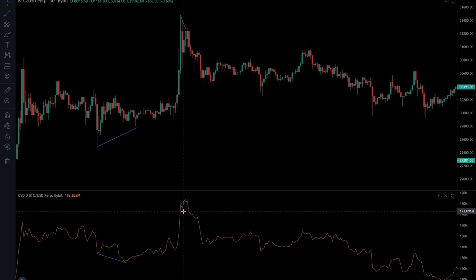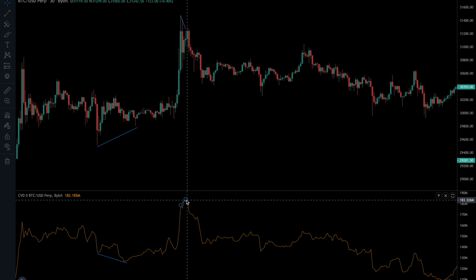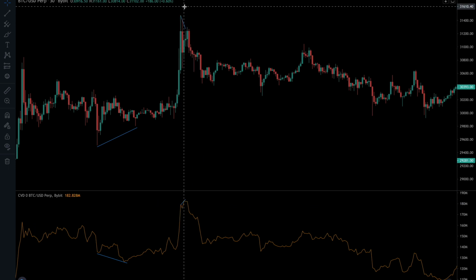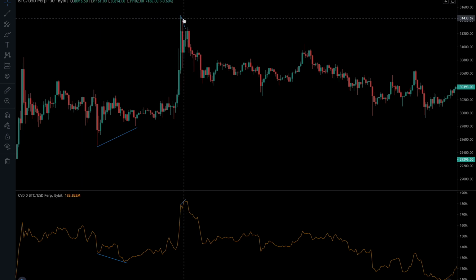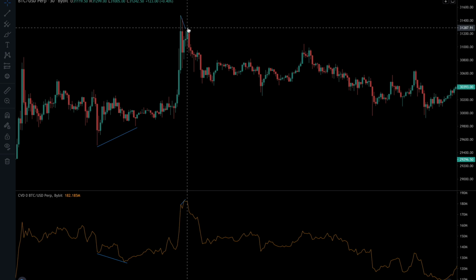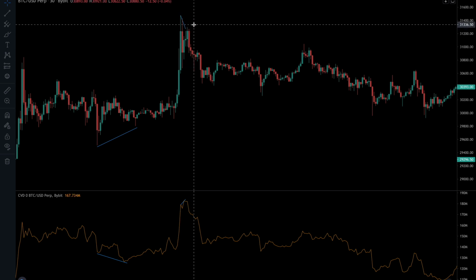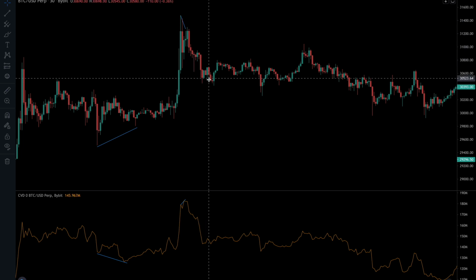So again, there is some more aggressive buying, but price is not going higher, it's going lower. What does it mean? Again, some larger players using limit orders are absorbing the aggressive buying pressure, and because they absorb all of this pressure, what usually happens is again the price goes where the bigger players want it to go, so it goes down.